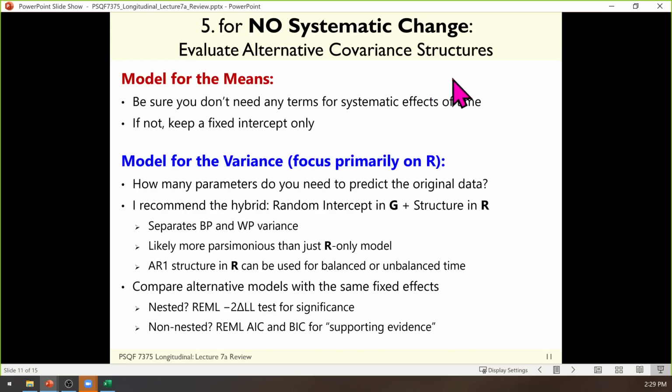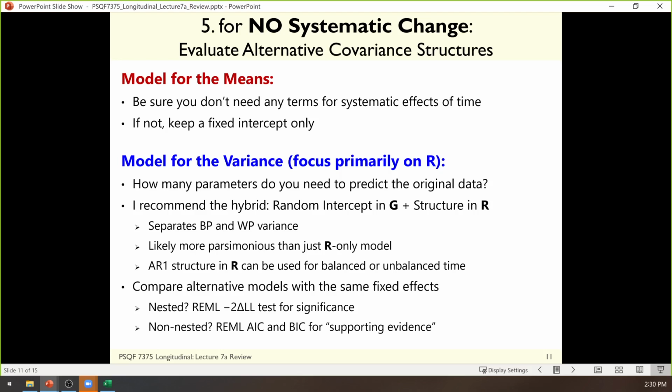But what if you don't have change? What if it's purely fluctuation? In that case, your model for the means may not need any fixed effects of time at all. The means may not differ over time, and that's fine. You can have a model that looks like that. The model for the variance, though, for the same reason, if people don't change, random slopes related to time are not going to do you any good.